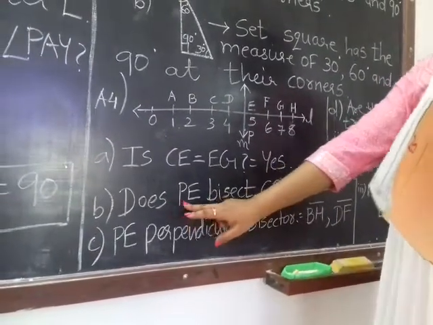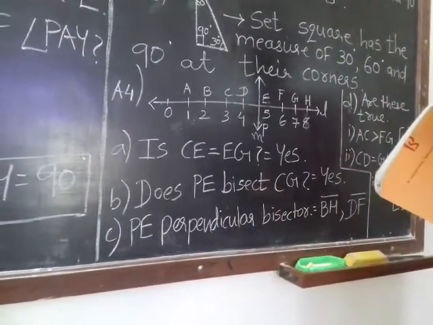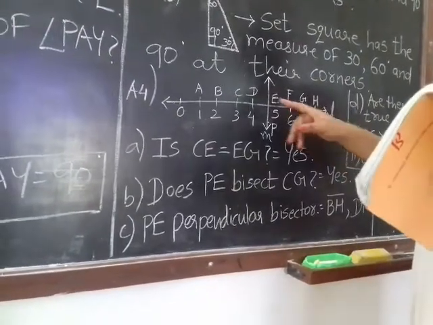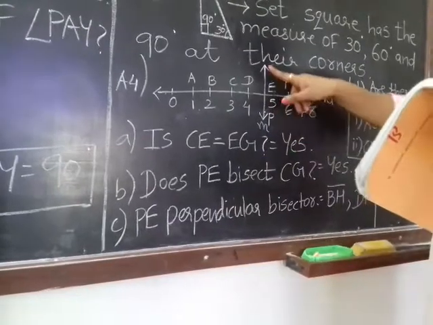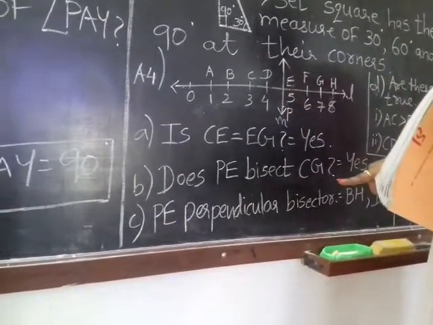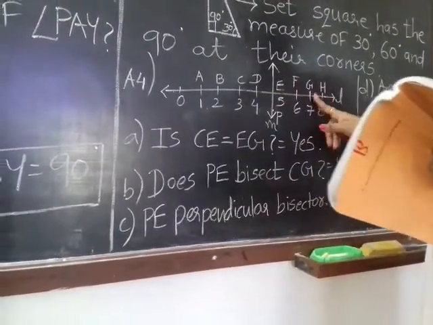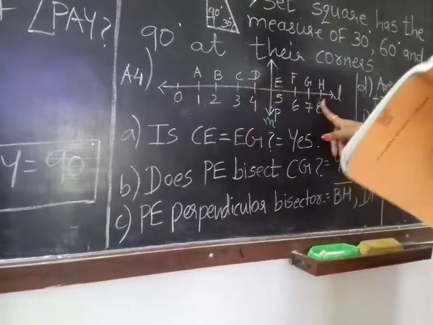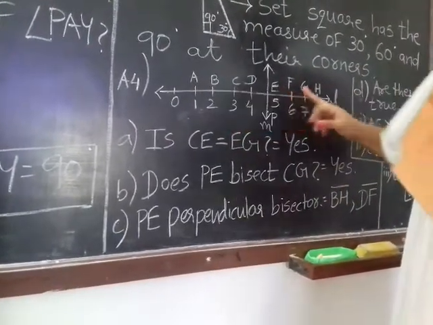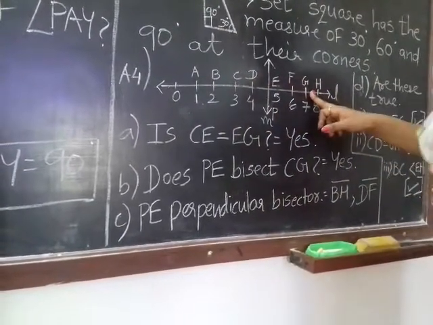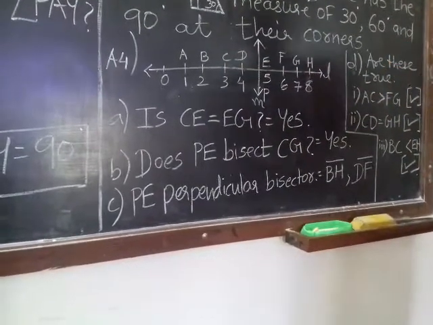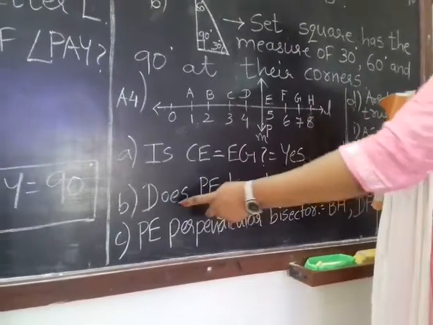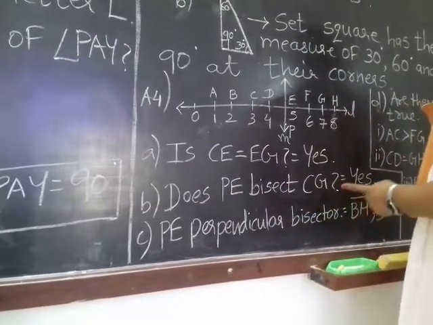Coming on to B, does PE bisect CG? Quite obvious. See, this is PE, and this is line CG. PE is a bisector, that is, it divides a line into two equal parts. So yes, PE bisects CG. That is the answer.